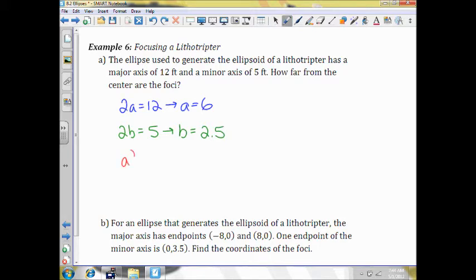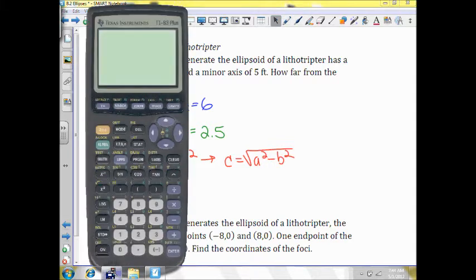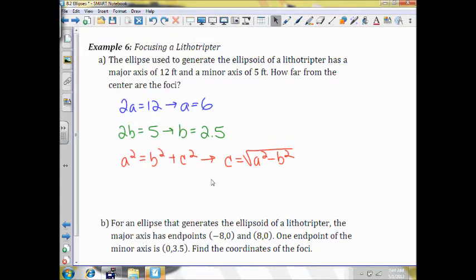Now, since A squared equals B squared plus C squared, C will equal the square root of A squared minus B squared. Using your calculator, you'd find the square root of 6 squared minus 2.5 squared is about 5.45.